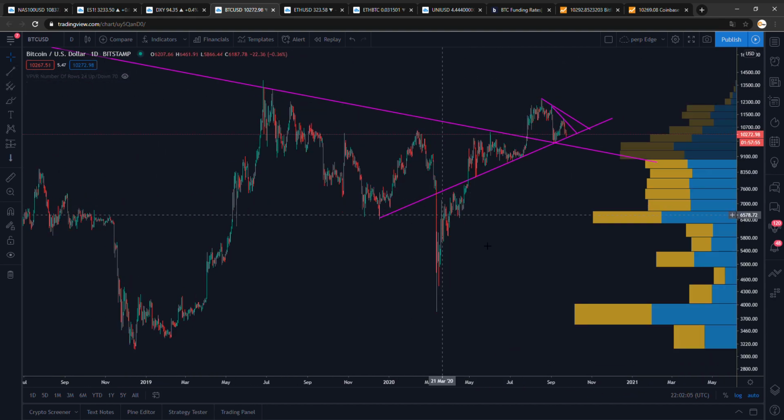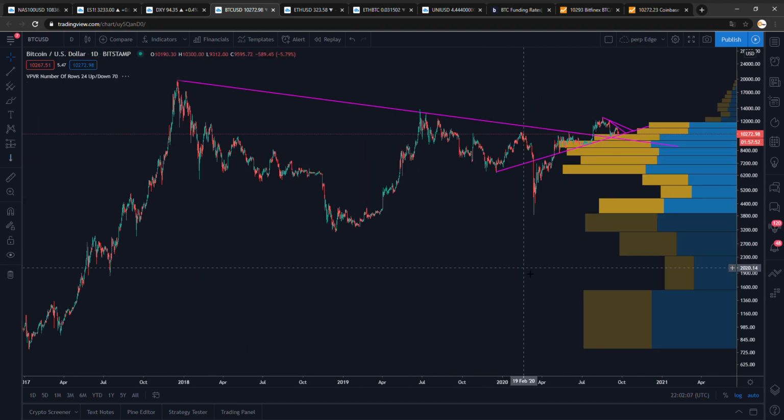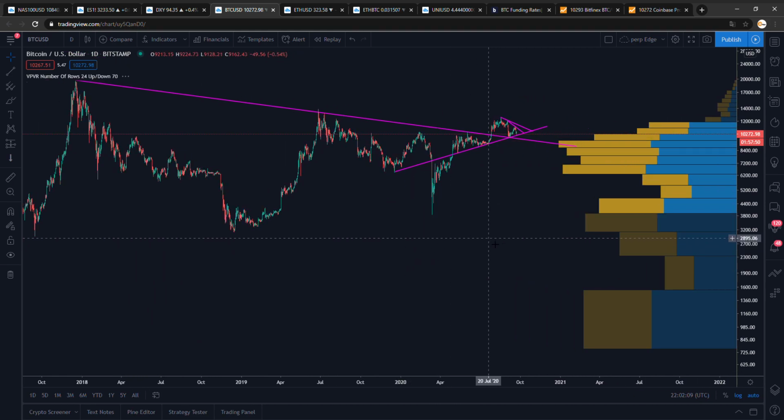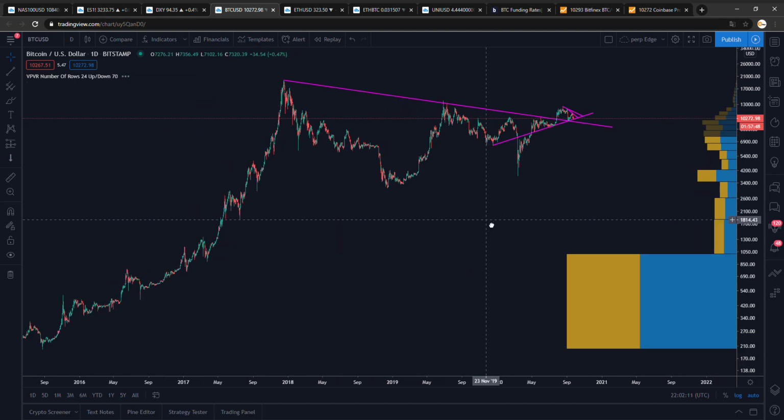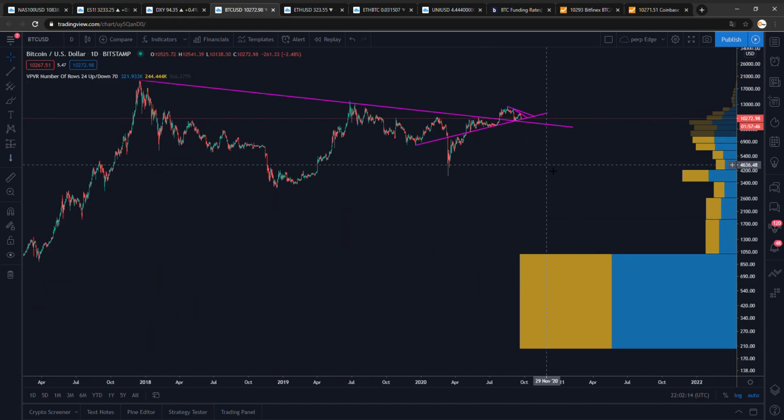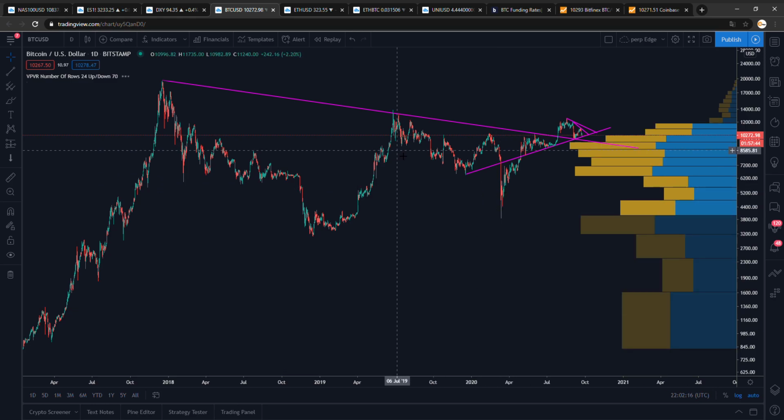Let's look at the VPVR, zoom out a little bit. This is better. There's a lot of support below us right now, but never say never.